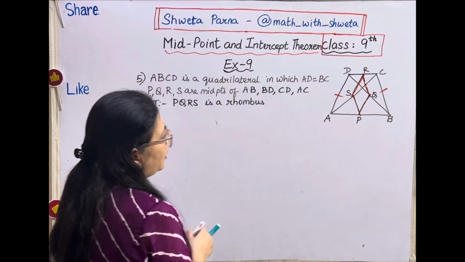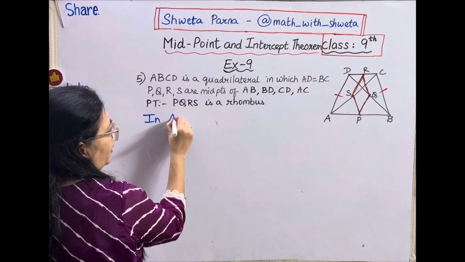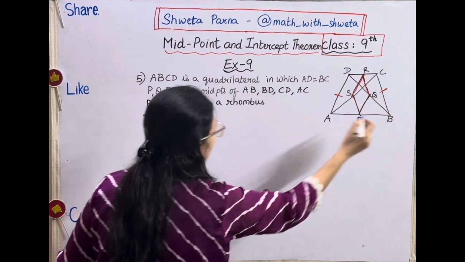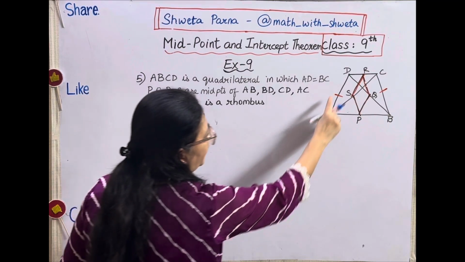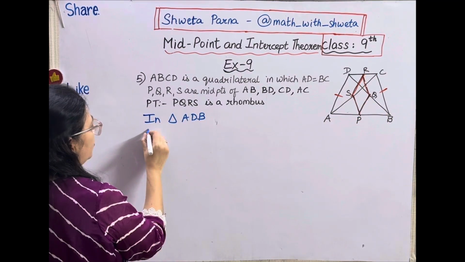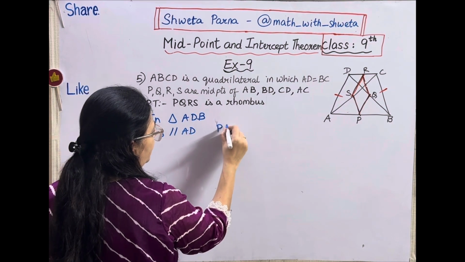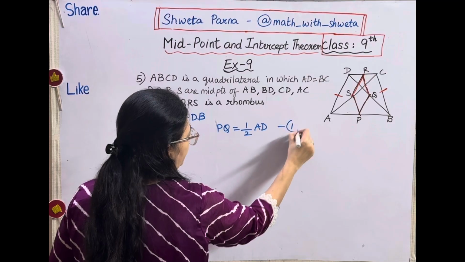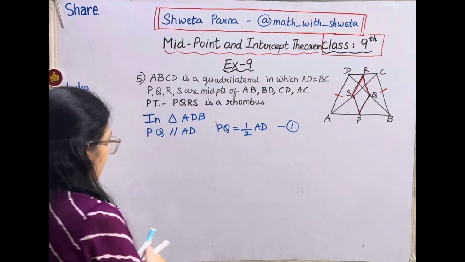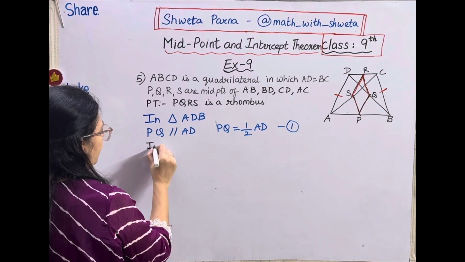So let's do that. Now, whenever you are naming it, you will have to write the triangle. Say in triangle, if I take ADB, in triangle ADB, PQ is parallel to AD. That means PQ is half of AD. First one. Second, let's take triangle ABC.